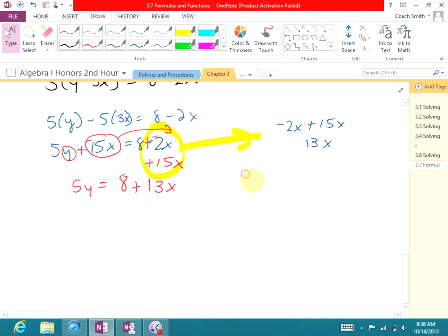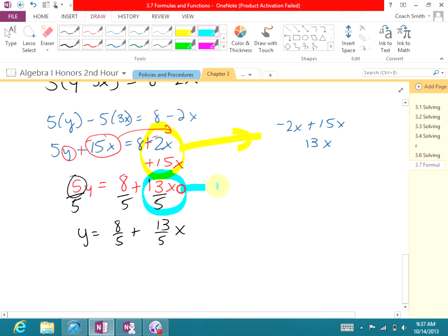Now, I have a 5 in front of it, so I've got to divide by 5 to both sides in all three terms. Leaves me with y is equal to 8 over 5 plus 13 fifths x. Now, I want to make sure, maybe you're not understanding how I'm coming up with the other one there.